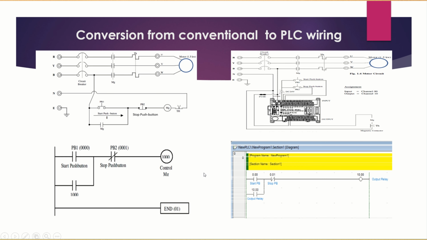So if we are going to put that into the CX-Programmer of Omron, this is the equivalent Omron CX-Programmer ladder diagram. We have here the stop push button, the start push button, and the seal-in contact from the coil of the output relay.